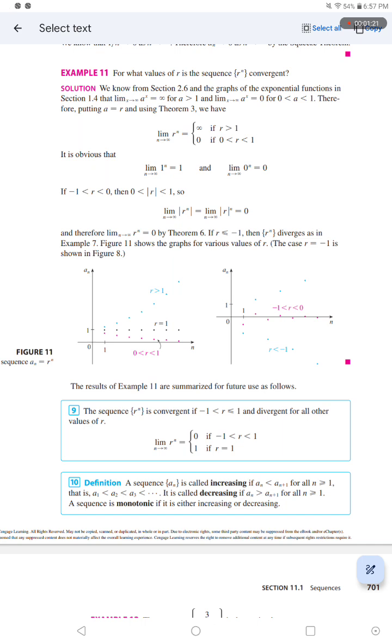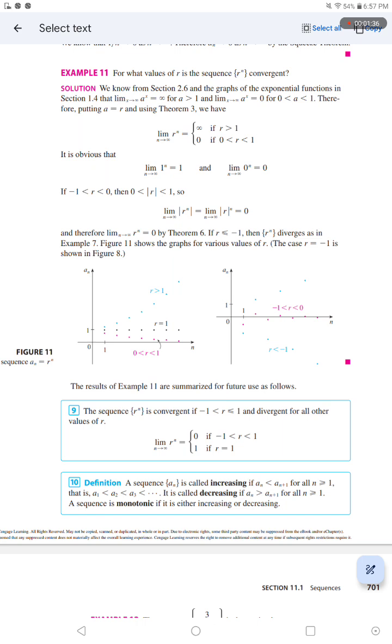If r is greater than negative 1 but less than 0, then the absolute value of r is greater than 0 and less than 1.